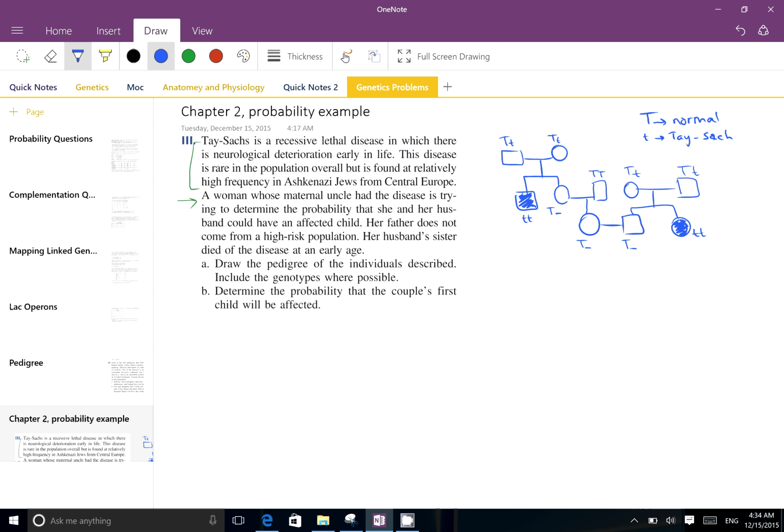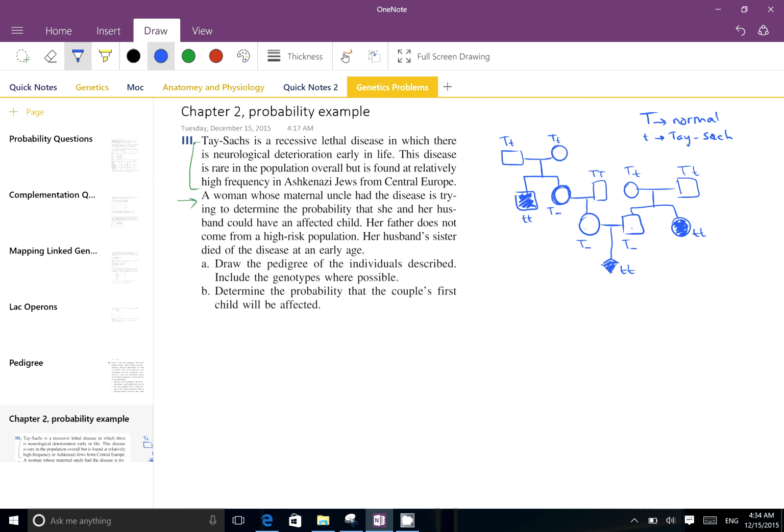But for them to have an affected child, which is what we're looking for, they need to be carriers. So we'll calculate the probability of her being a carrier and her husband being a carrier, but also we need to calculate the probability of the mother being a carrier.